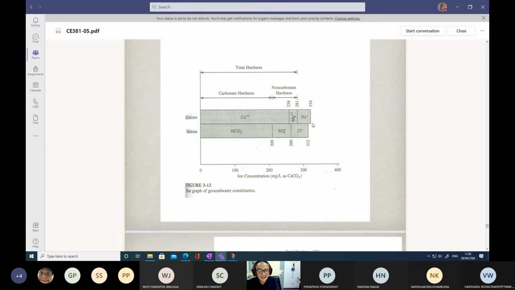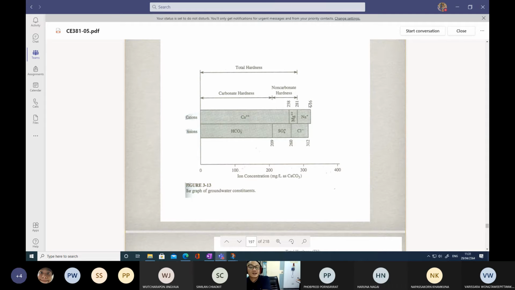So what about the remaining? The remaining is only the non-carbonate hardness. Okay, so this chart you can use. This one is the ion concentrations divided on the x-axis, but the y-axis is nothing but just to establish the scale and put everything in the graphs.